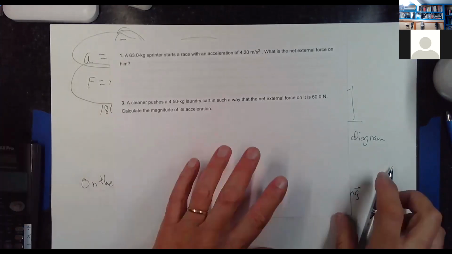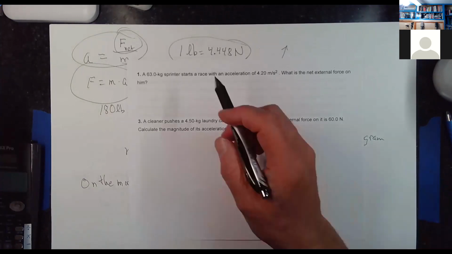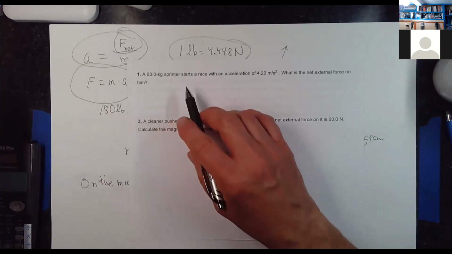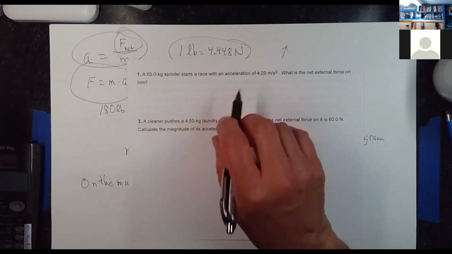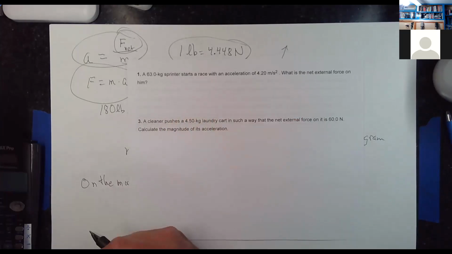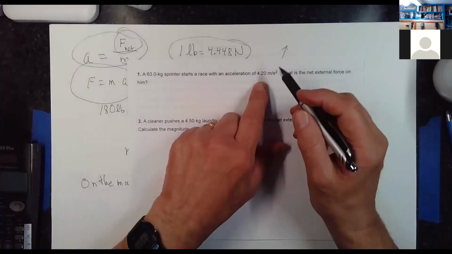Okay, let's try to actually do something where we'll plug numbers into things. Here we have a 63 kilogram sprinter who starts a race with an acceleration of 4.20 meters per second squared, which is quite a bit actually. I certainly couldn't accelerate at that rate.